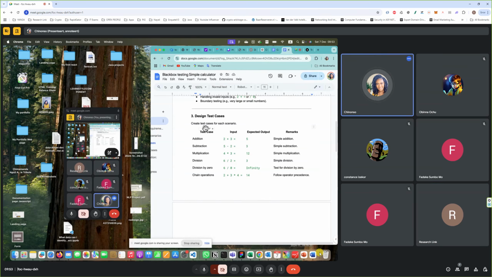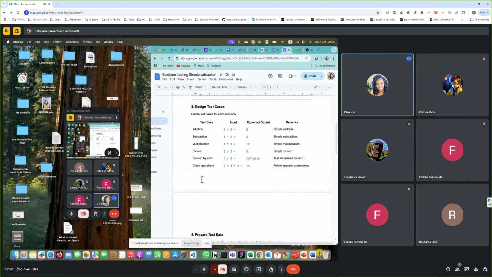So this is my test case. The test case is to check if the calculator can do addition and the expected outcome, and do multiplication, if it can divide, what happens if you divide a number by 0, what happens if you do a chain operation.